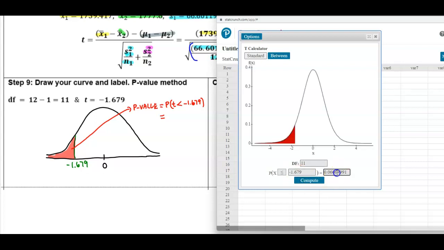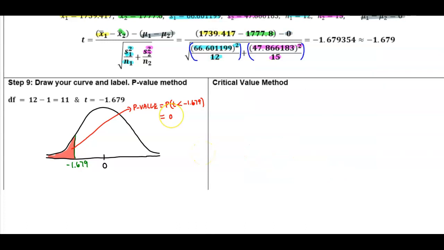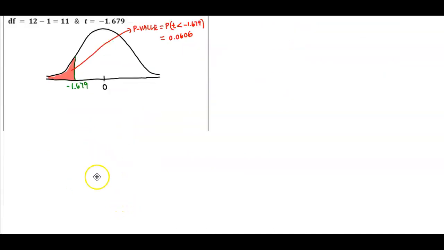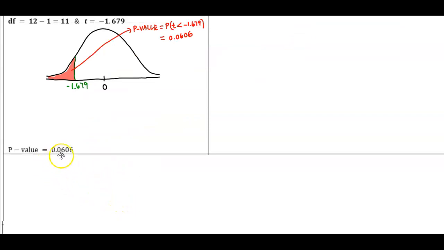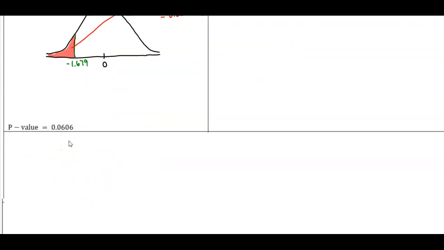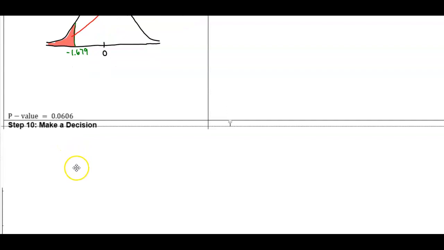There is our p-value rounded to 4 decimal places, which is 0.0606. So our p-value is equal to 0.0606.